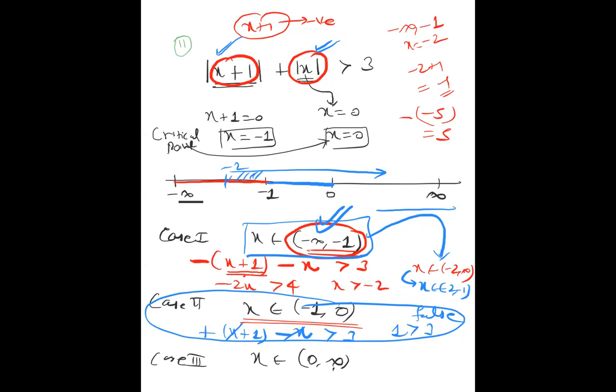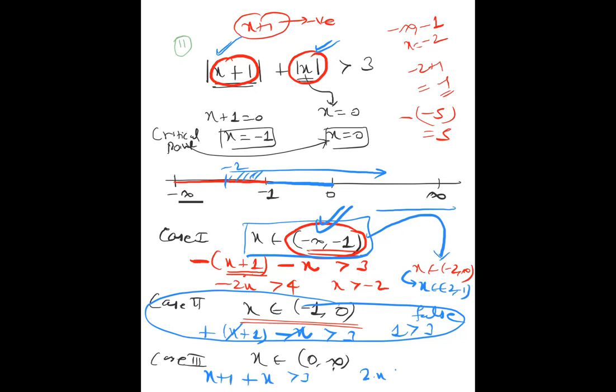Third case, 0 to infinity, you have to see. For x belongs to 0 to infinity, that means right side, now everything will be positive. x plus 1 will be positive, x will be positive, greater than 3.